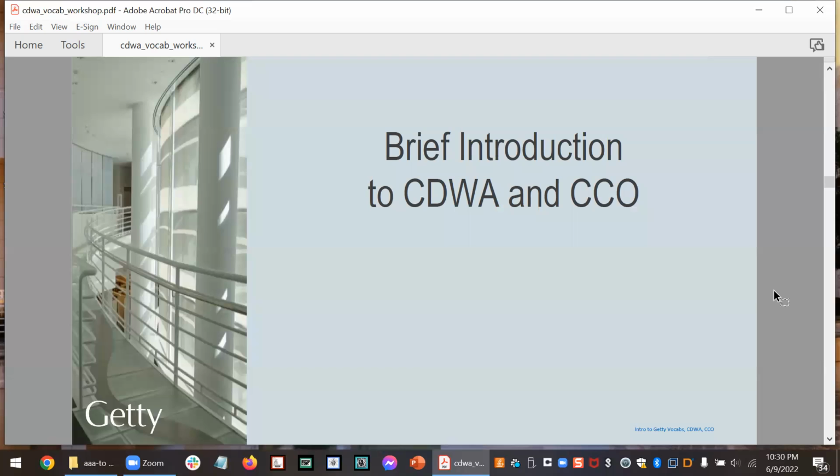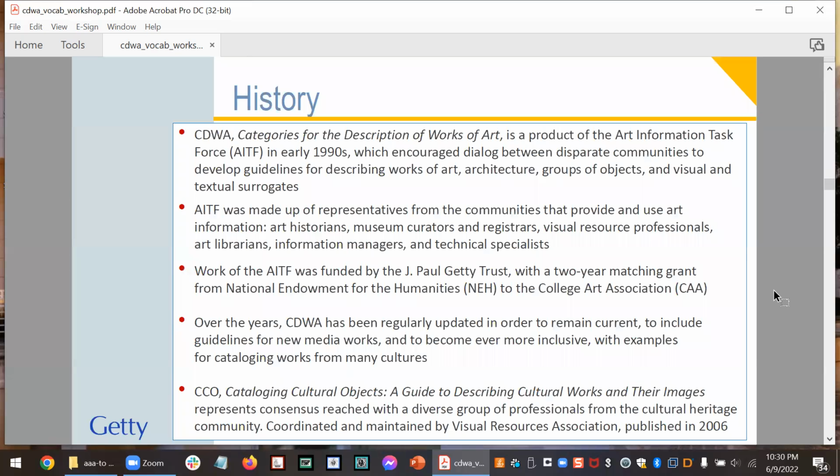Now let's do a brief introduction of CDWA and CCO. For the history of the CDWA, you can look online. I'm not going to go through everything here. Let's just briefly say it's the product of the Art Information Task Force, AITF, that met in the early 1990s.